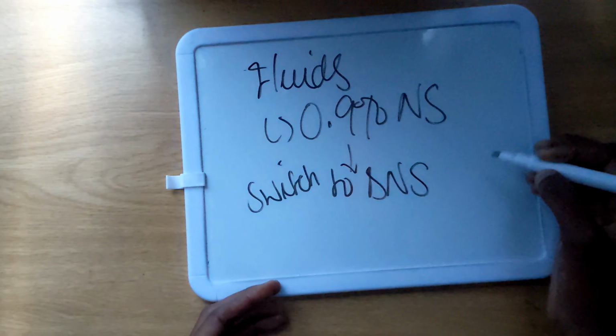This is once the random blood sugar drops to 12 millimoles per liter. This is when you switch it up to DNS. So the fluids that you give is 0.9% normal saline, and in the other video, I teach on how to calculate these fluids.